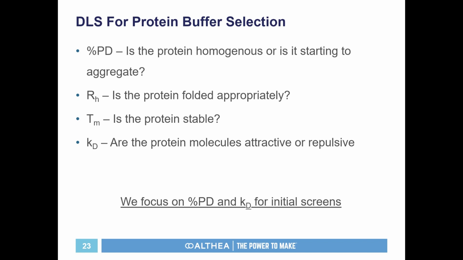We look at the melting temperature to see that the protein is stable, and that gives us an indication of potential stability issues later on. And we also look at the diffusion coefficient, and that tells us whether the protein molecules are attracted and likely to aggregate or whether they are repulsed by each other and will tend to stay in solution. For our very initial screens, we focus on percent polydispersity and diffusion coefficient.